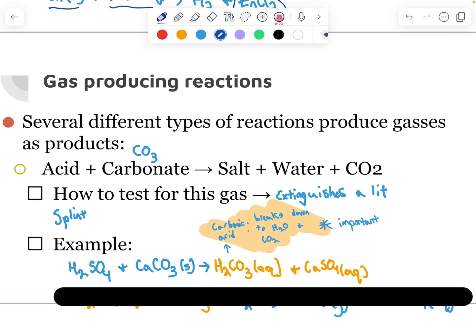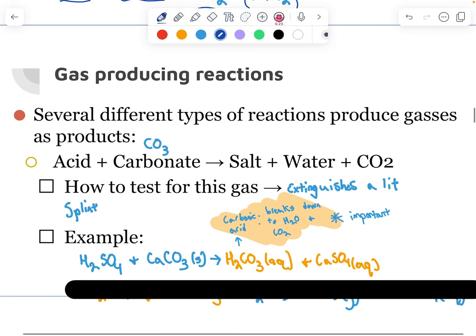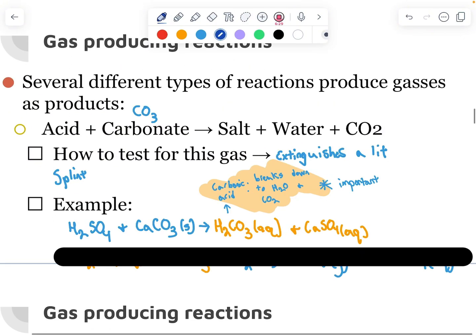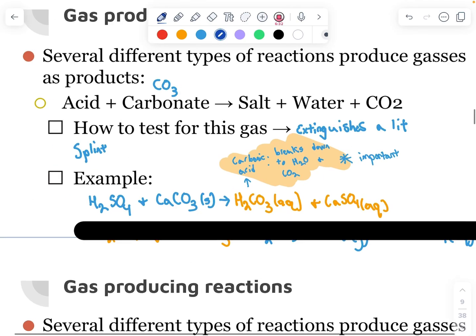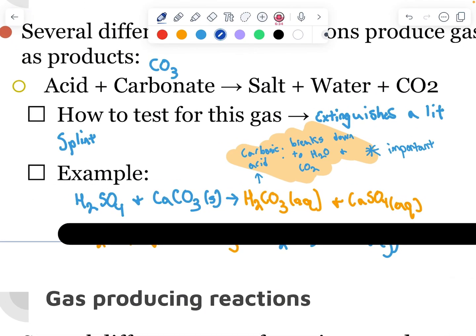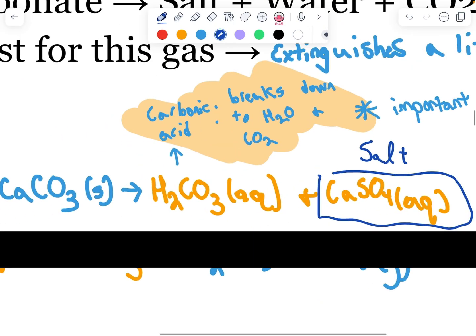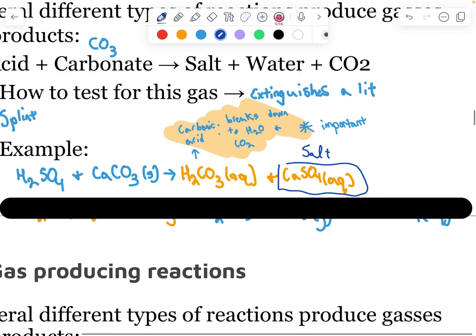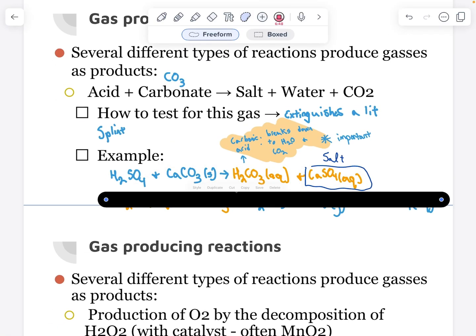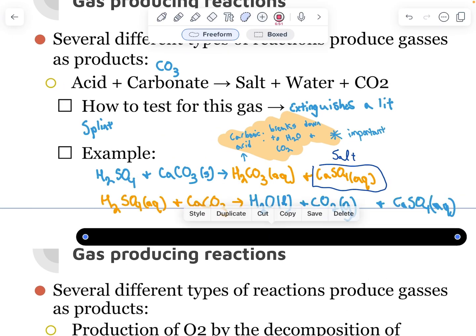How to test for this gas: it extinguishes a lit splint, CO2. Here is sulfuric acid plus calcium carbonate, and it yields carbonic acid and the salt, calcium sulfate. But wait, carbonic acid isn't the gas, it's an acid. So this will break down, as we can see here, and form CO2, which is what we wanted, and also liquid water.